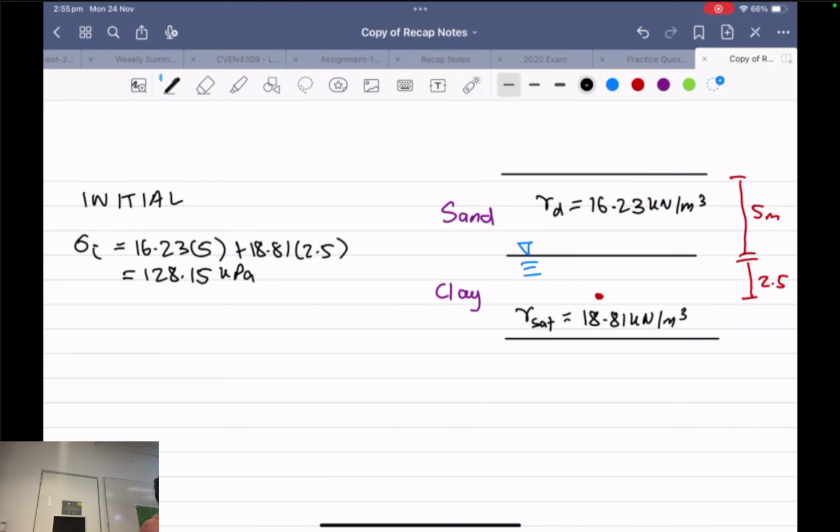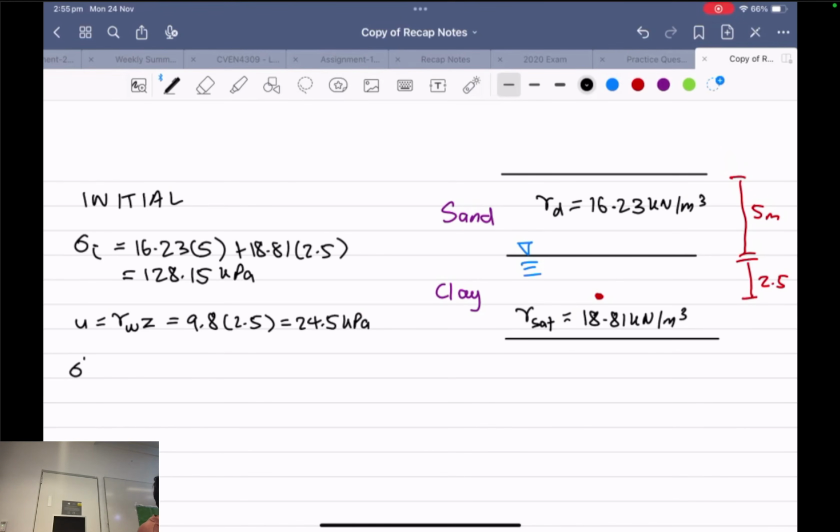So that's total stress. Now pore water pressure. That's equal to the unit weight of water times the depth, right? Which is equal to 9.8. And here, what's the depth that we use for pore water pressure? 2.5, exactly. Because we only have it below the water table, which is 2.5 meters. So 9.8 times 2.5 is equal to 24.5.